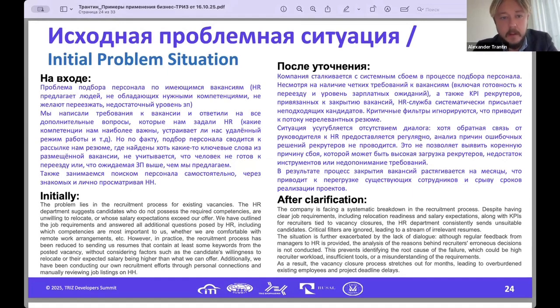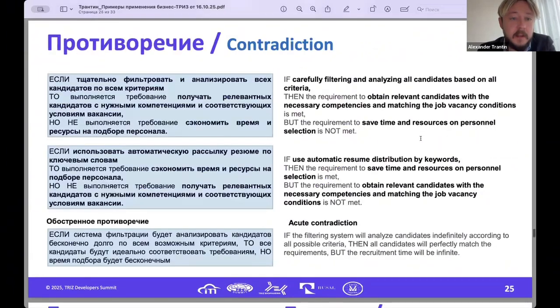When they need certain specialists and the HR team is dealing with it, in reality, HR forwarded some CVs that they found on the internet, and the sorting and selection of these CVs showed that people were selected in accordance with certain keywords, and as a result, they had situations when the IT company was interested in a person, but this person was not ready to relocate, to move to another city, and some other features. So this was a drawback of the HR team.